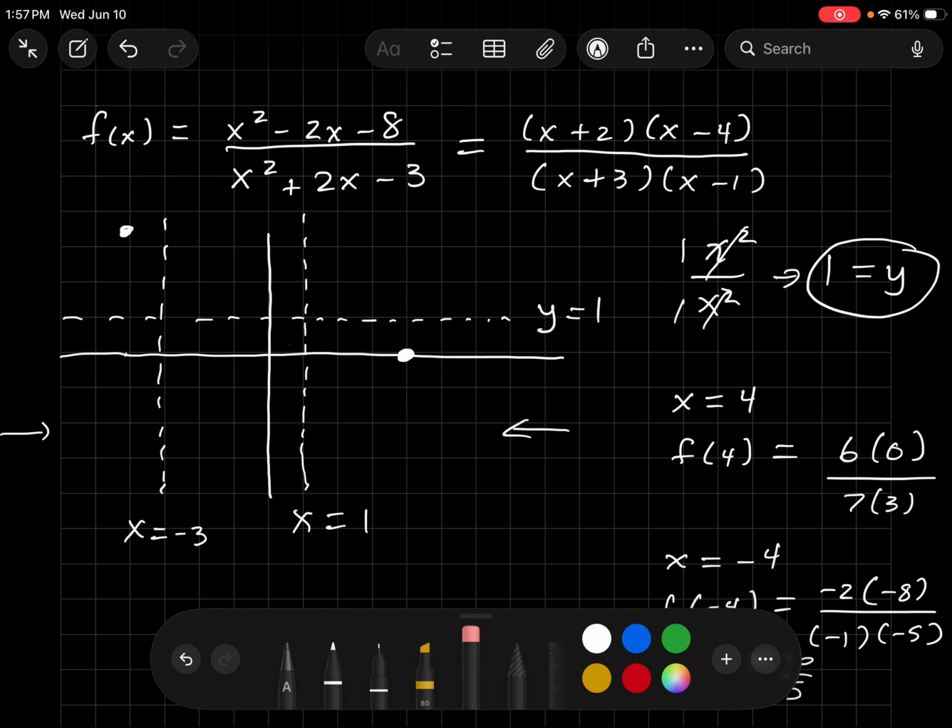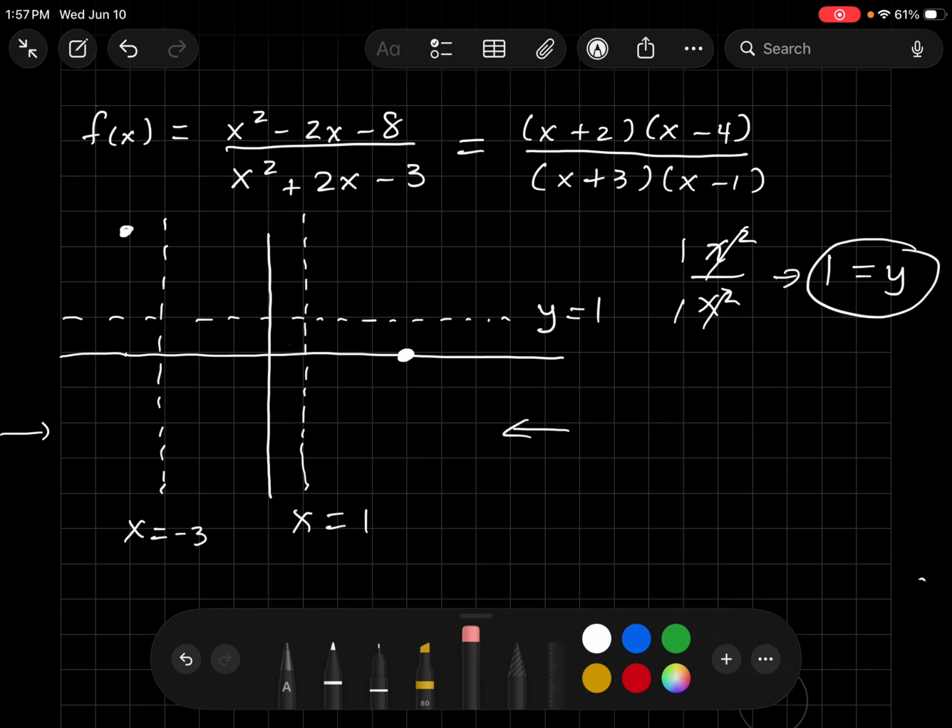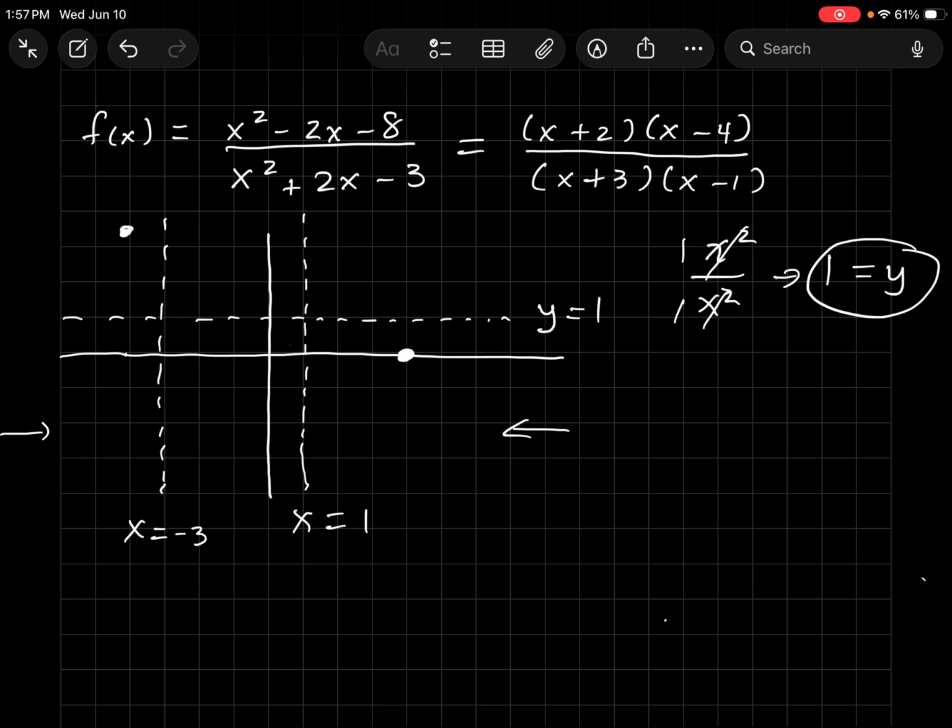Now, why do I do this? And here's the reason why. Recall that my rational function, as complicated as it might look, wants to look like either 1 over x or negative 1 over x.